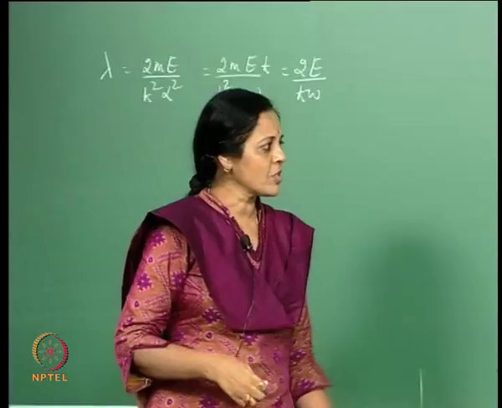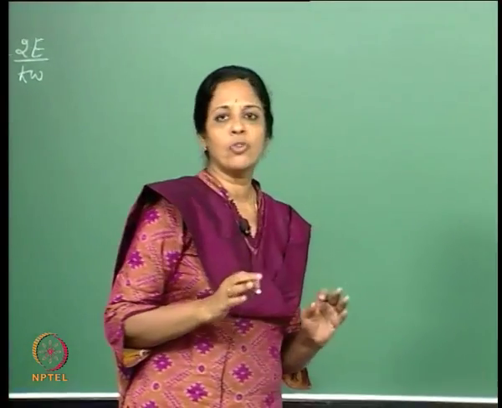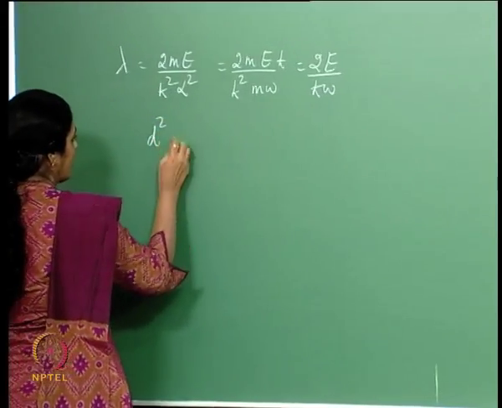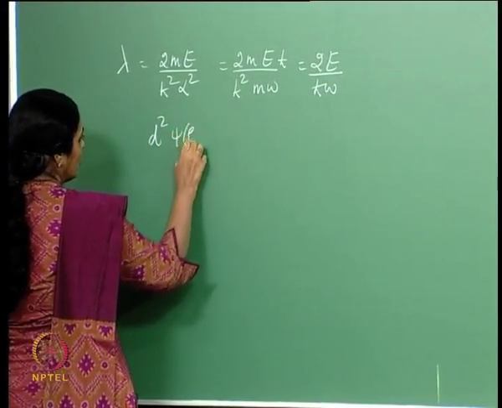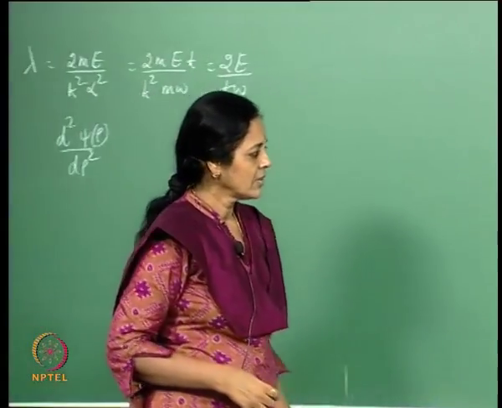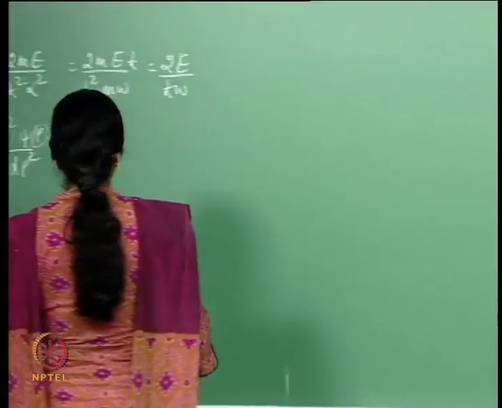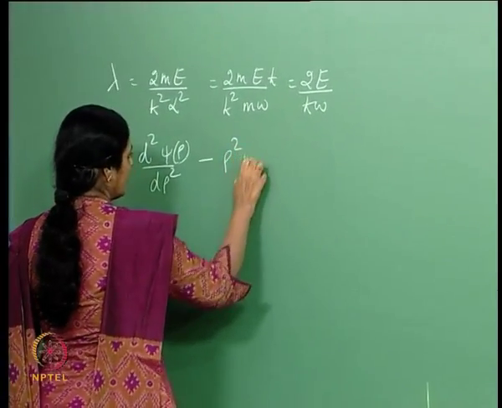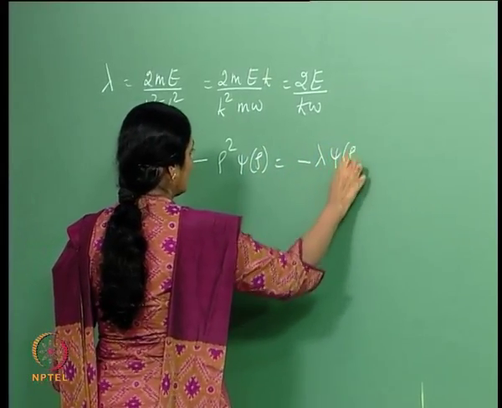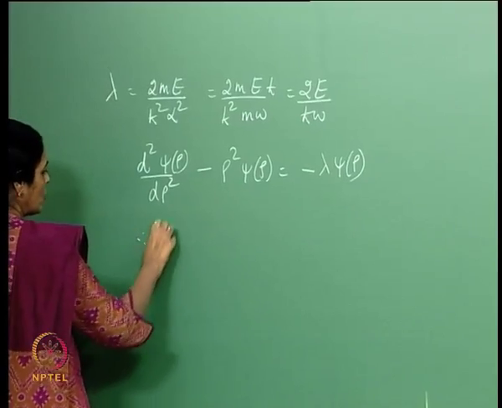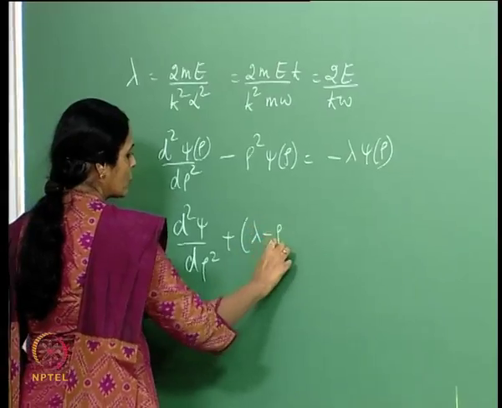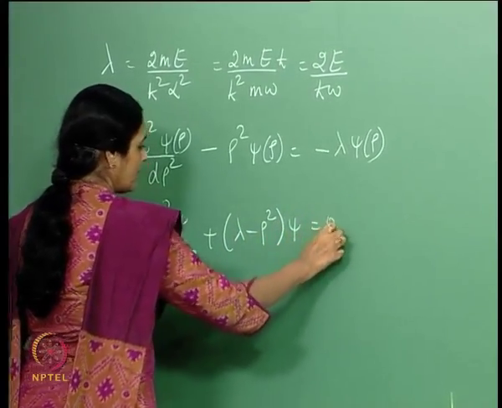And that is very nice, because now I have an equation in terms of objects which do not have dimensions. I will comment on this shortly, but I now have d2 psi of rho by d rho squared minus rho squared psi of rho is minus lambda psi of rho, and therefore I have d2 psi by d rho squared plus lambda minus rho squared psi of rho equals 0.